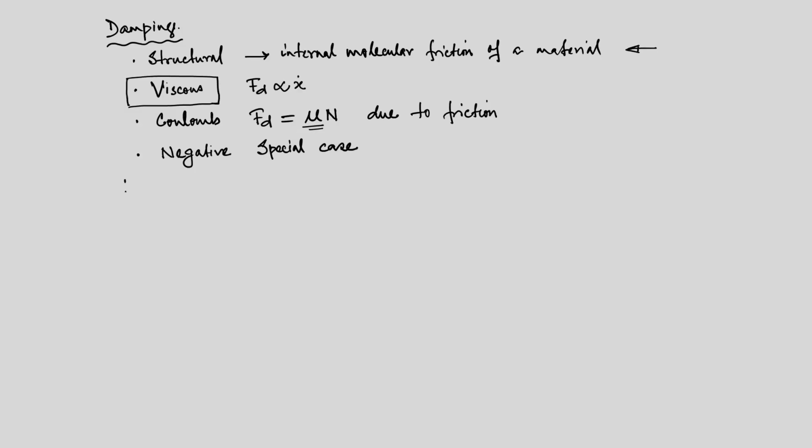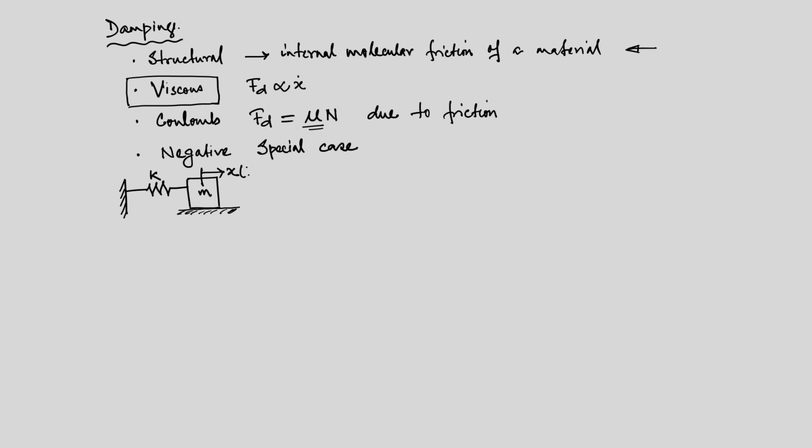So, if we have a SDOF system, in this case again we have a spring connected to a mass, but in this case the mass is actually sitting over a surface, and obviously when it tries to move it develops some kind of frictional force.